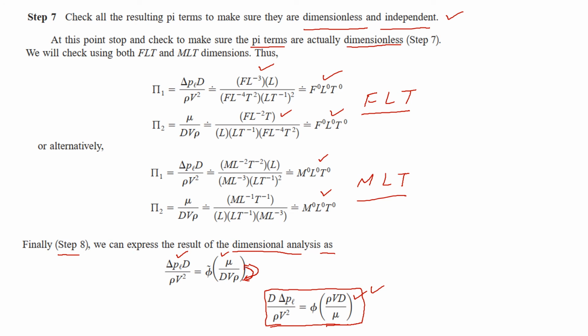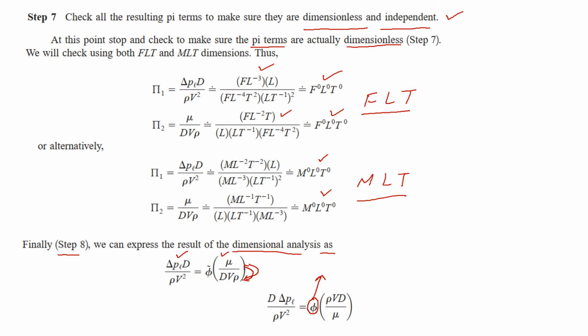So this is what our final result will be, and this is how we get our pi terms and then equate them in the form of an equation, that is pi1 is equal to pi2. You will be wondering what the value of this constant is that we are getting in these equations. To get the value of this constant, we are going to run some experiments.